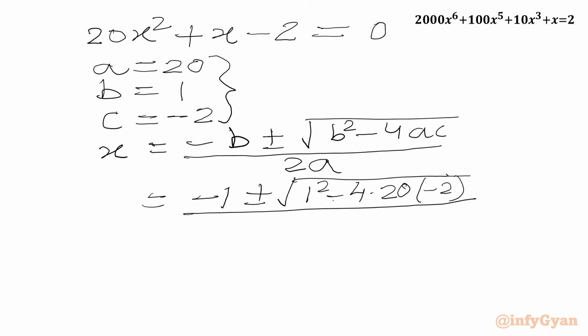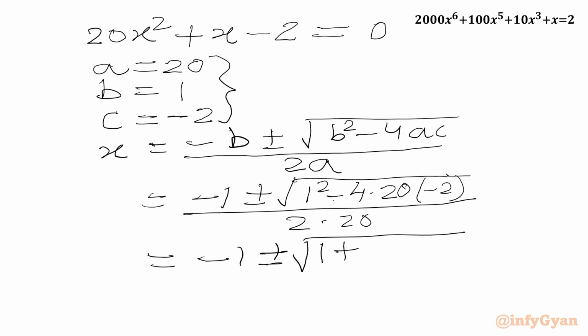over 2 times a, so we'll be writing 2 times 20, which will simplify to -1 ± √(1 + 80 times 2, 160) over 2 times 20, which is 40. So we are going to get (-1 ± √161)/40.